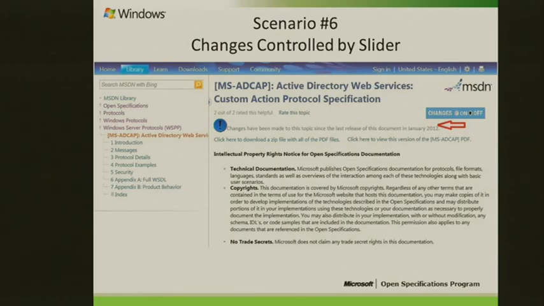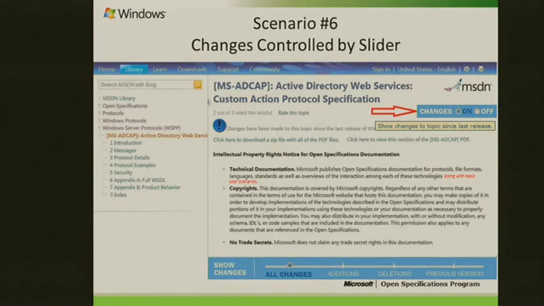And this one is, again, there's a line that says changes have been made to the topic. By default, the changes are not shown. It's off. But if you select that option on the upper right-hand side and select changes on, what you're seeing is the changes to the topic since the last release.